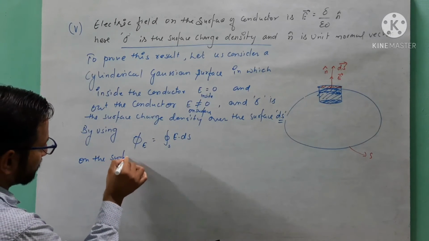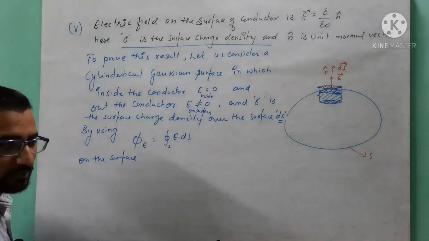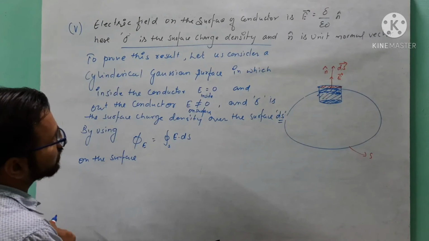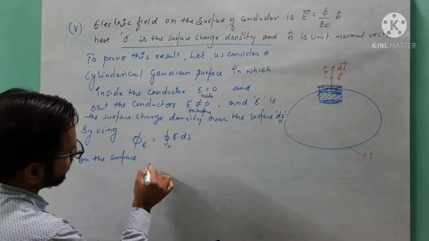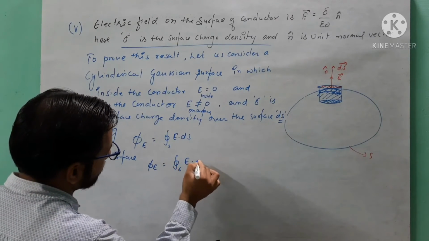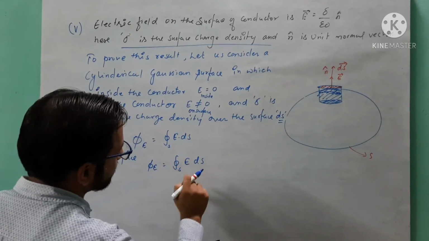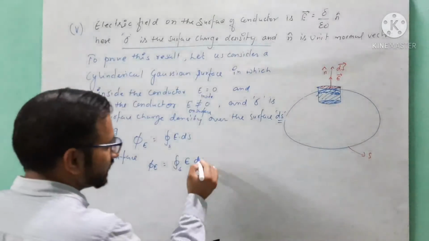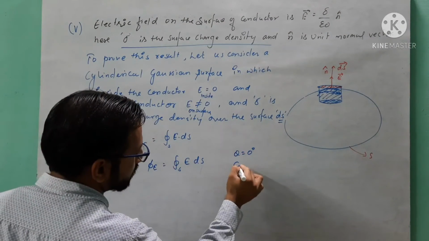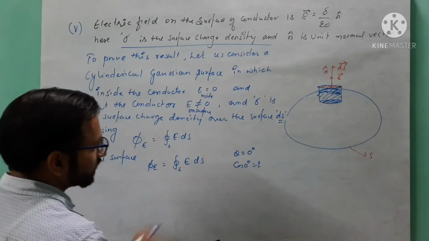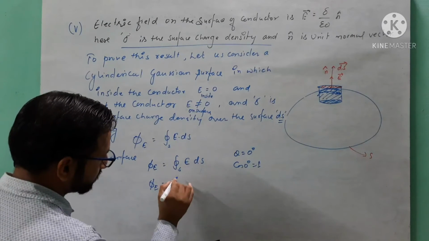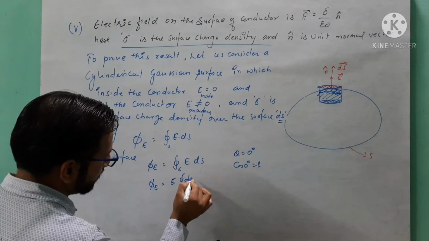Okay, so on the surface, as we are using Gauss theorem, I will use the result of Gauss theorem, which is phi E equals the surface integral of E dot ds, and E and ds are both in the same direction, so it will be E ds cos theta, theta is equal to 0 degrees, so cos 0 is equal to 1, that's why it is E ds. So phi E is equal to E dot ds.